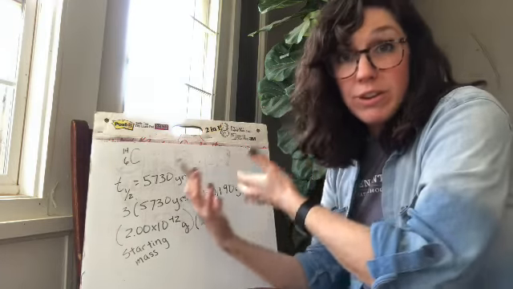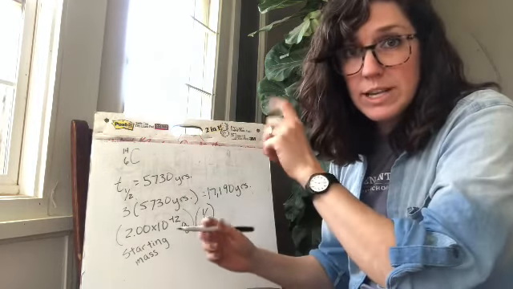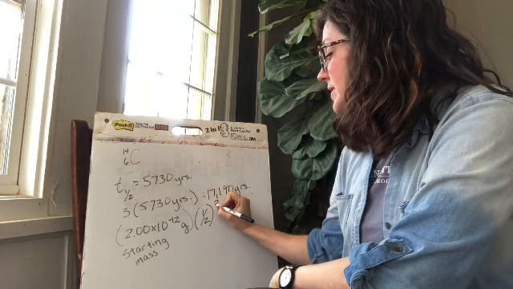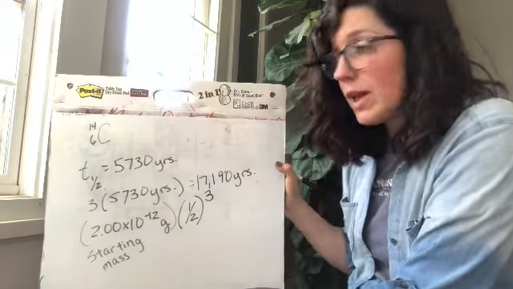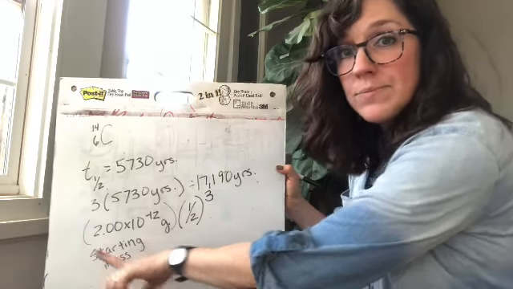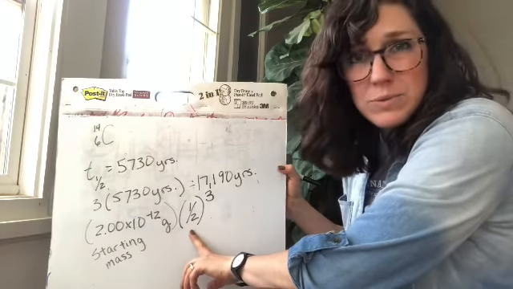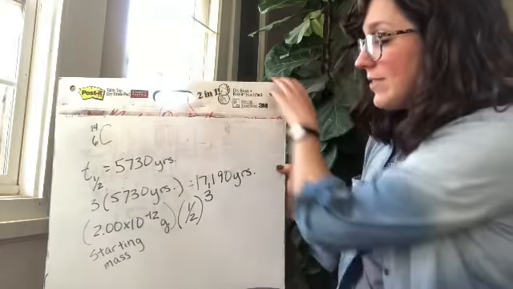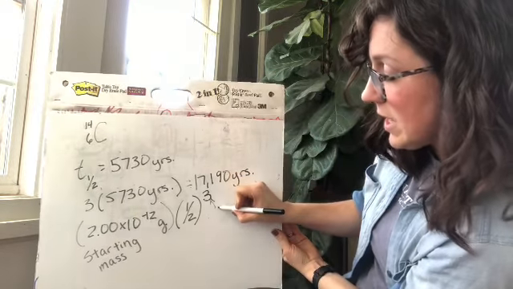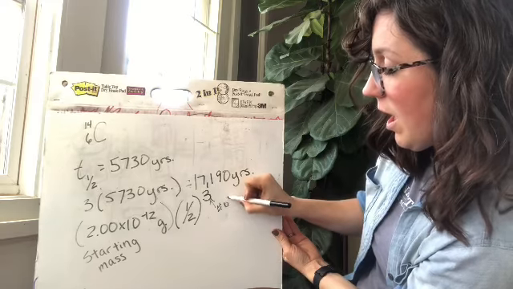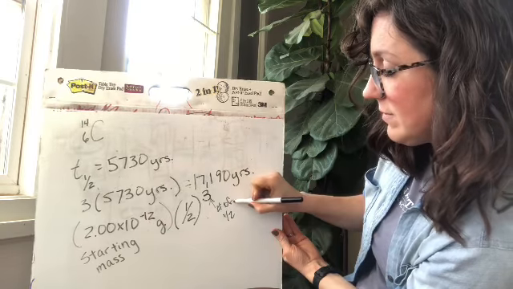So if we were just trying to figure out one half-life, we would do an exponent of 1. In this case, they told us the half-life has occurred 3 times. So I have the starting mass. I have 1/2 because we're talking about half-life. And then I have an exponent that is the number of half-lives.